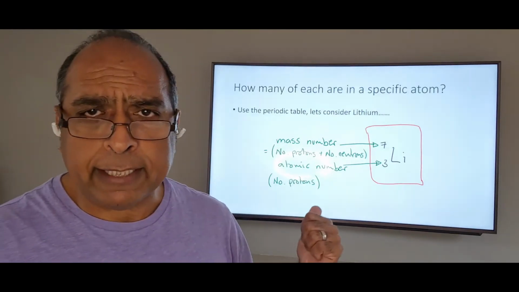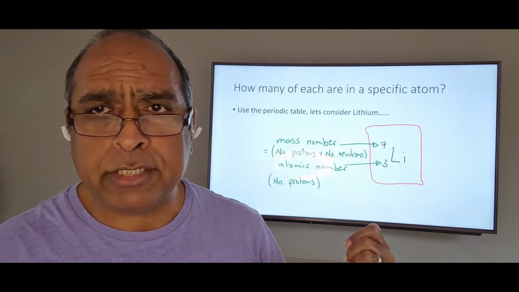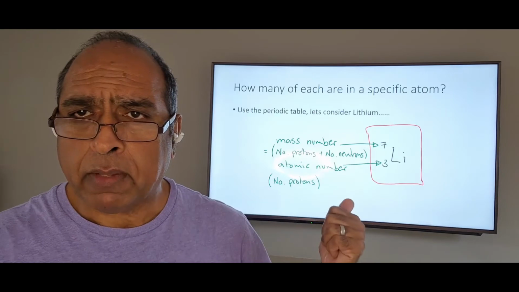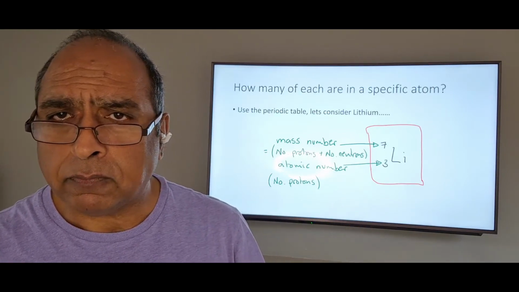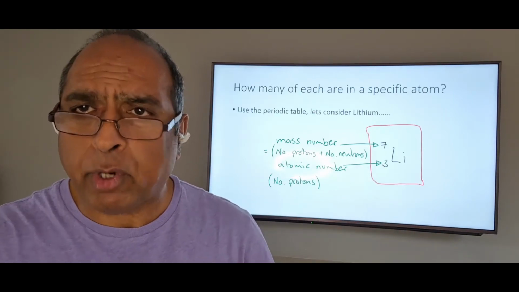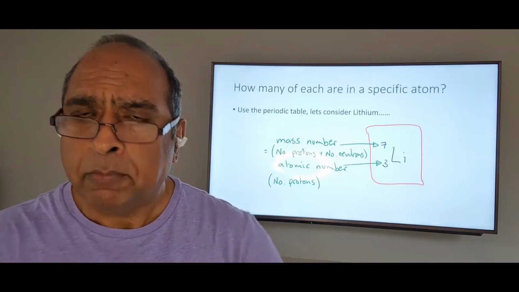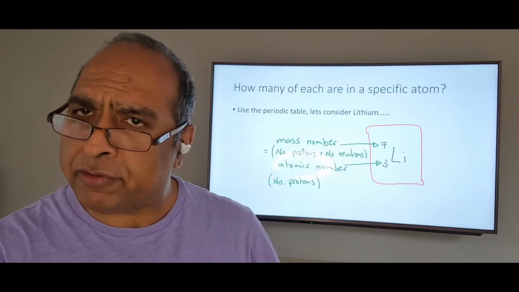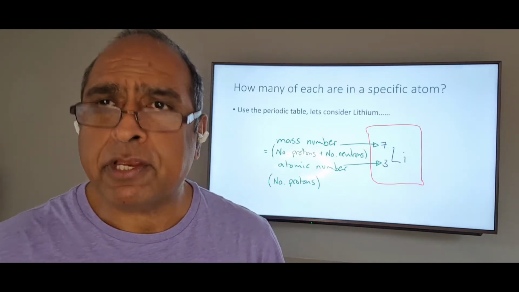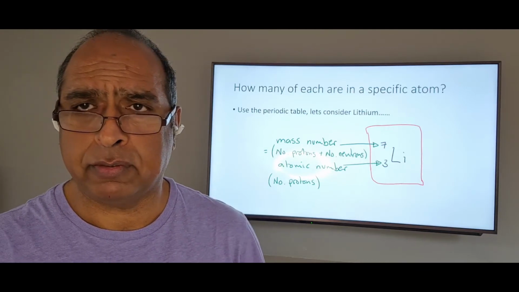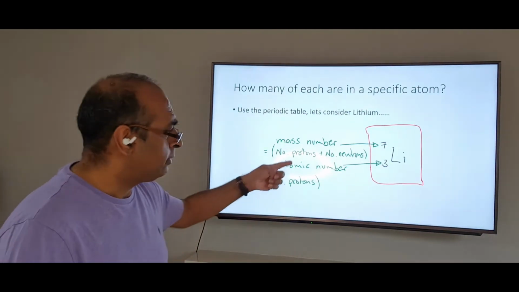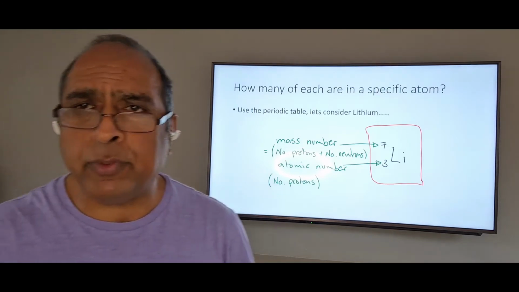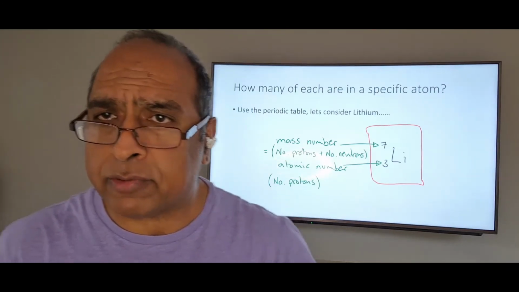I want it to read in your mind's eye: 3 protons, 7 protons and neutrons, but 7 protons and neutrons, with 3 protons, leaves 4 neutrons. And we can start to draw the atom if we know these numbers, how many protons, neutrons, electrons.